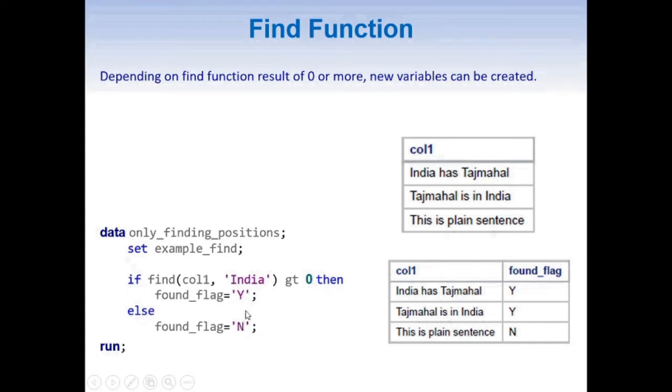So basically what we are trying to do is, in this particular observation, if India is there, we have the value of y for the new column which we have created, and if India is not there, that is in the case of the third observation, we will have the value of n.